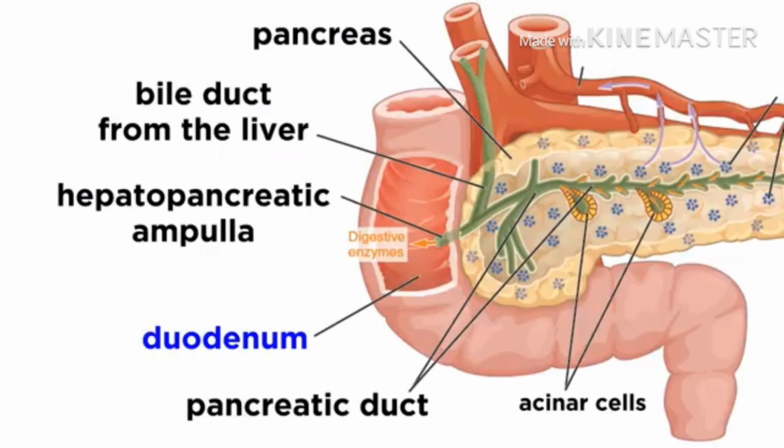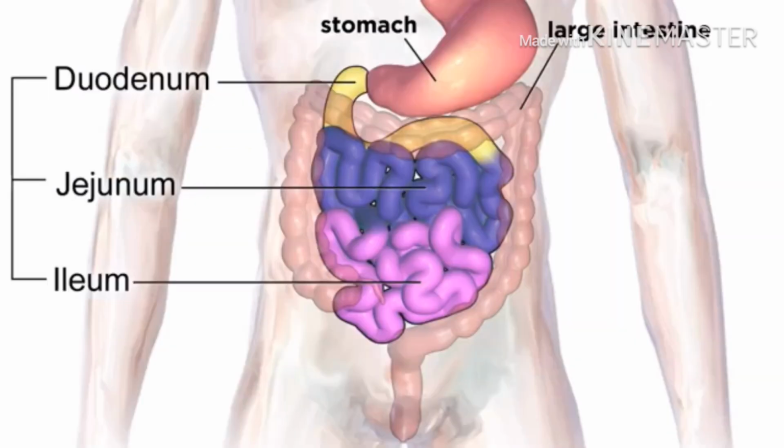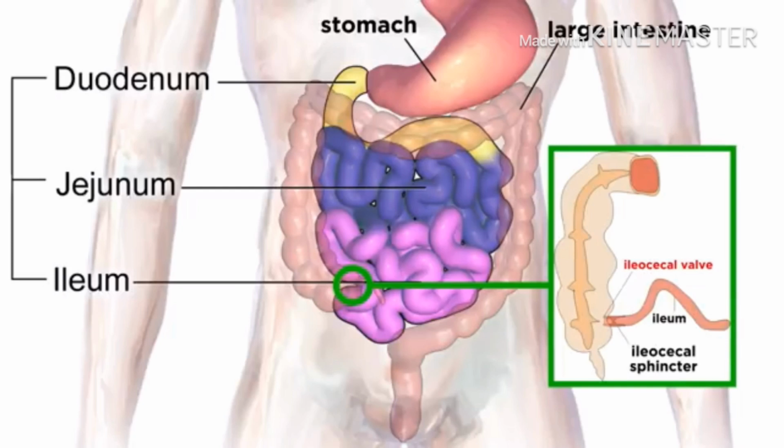The duodenum contains the hepatopancreatic ampulla, which is where the bile duct, delivering bile from the liver, and the main pancreatic duct, delivering pancreatic juice from the pancreas, join and merge into the small intestine. The jejunum and ileum are longer and hang in curves, joining the large intestine at the ileocecal valve.